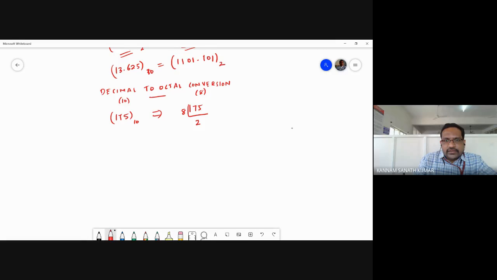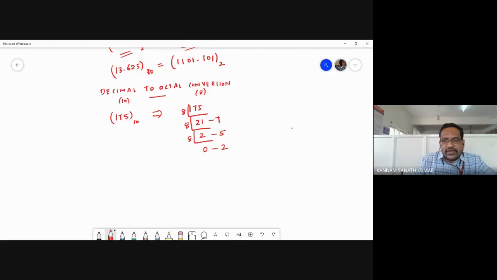Again 15 will be there. 8 1s are 8, so what is the remainder? 7 is the remainder. 15 minus 8 is how much? 7. Again 8, how many times? 8 3s are 24, it is more. 8 2s are 16, so what is the remainder? 21 minus 16 is how much? 5. 8 2s are 16, the remainder is 0.